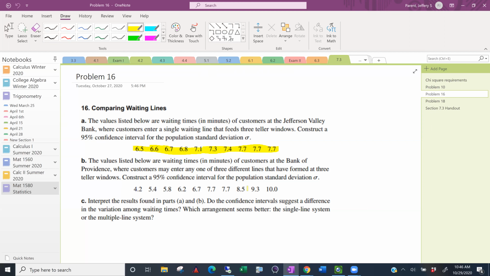So I'm just writing down the data here for myself: 1.2, 5.4, 5.8, 6.2, 6.7, 7.7.